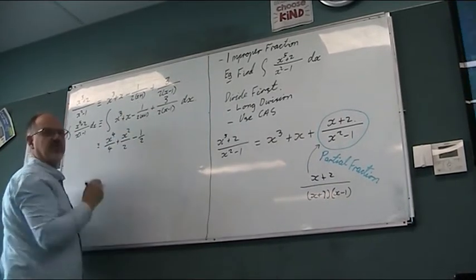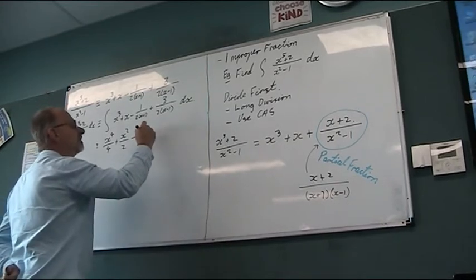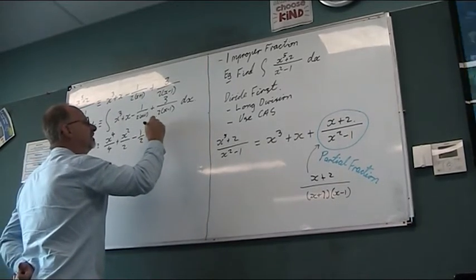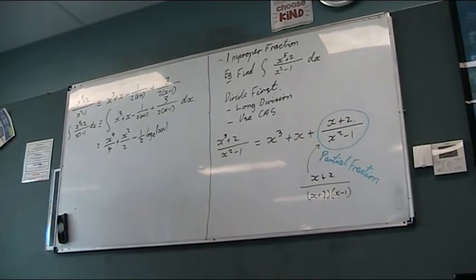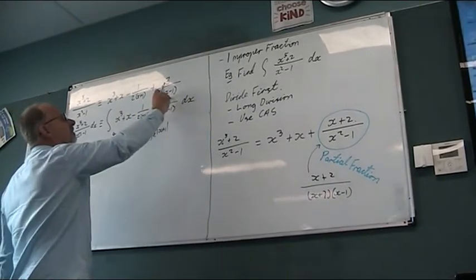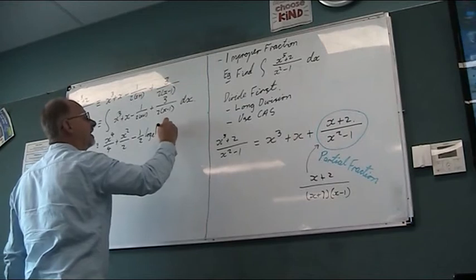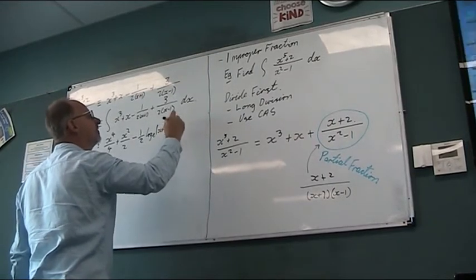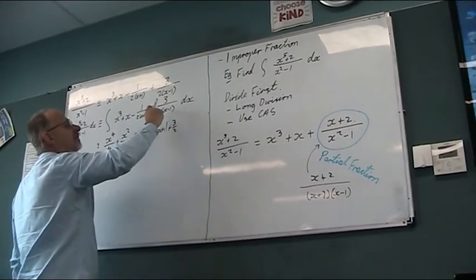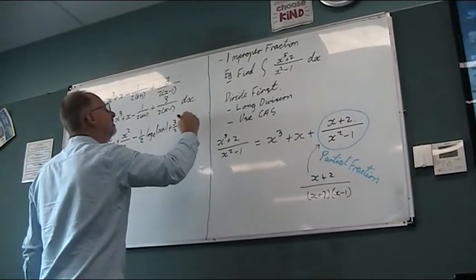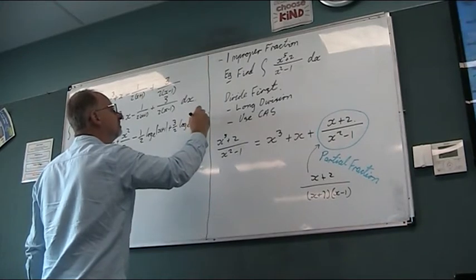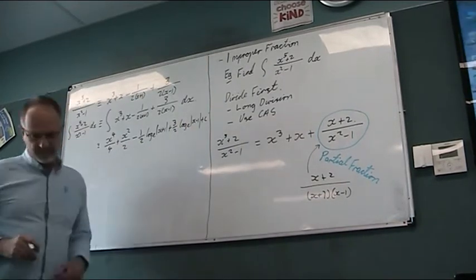And the 1 over x plus 1 bit becomes log to the base e of x plus 1. With me on that one? Yep. And the other one, 3 over 2, treat that again as just a factor. It's 3 over 2 times 1 on x minus 1, so log to the base e of x minus 1, plus some constant.